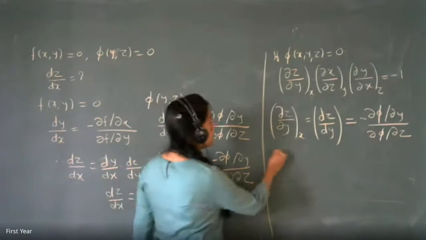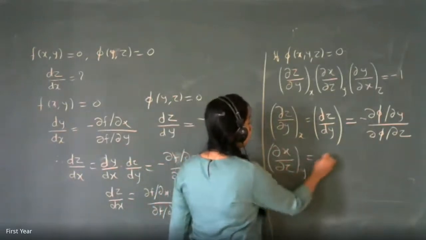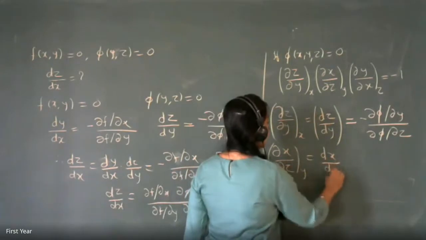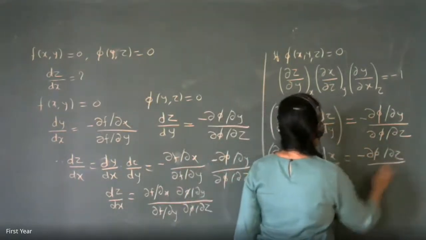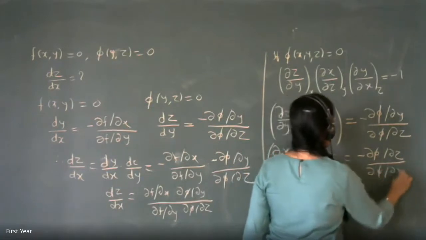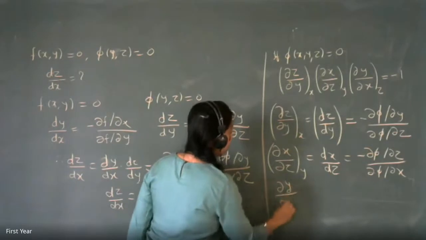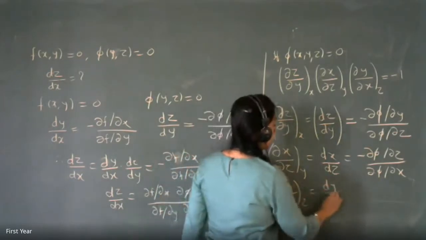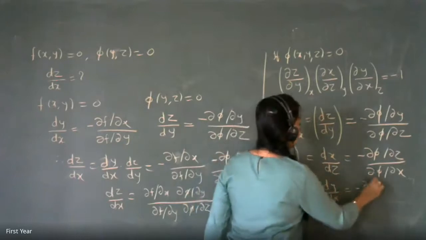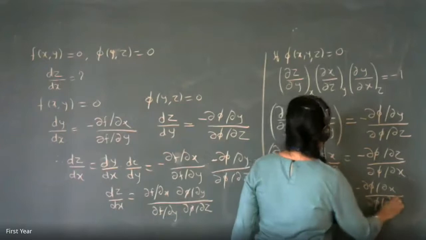On the same lines, del x by del z, taking y constant, will be dx by dz, and that is minus del phi by del z divided by del phi by del x. And finally, the partial derivative of y with respect to x, taking z constant, is the same as dy by dx, which is minus del phi by del x divided by del phi by del y.